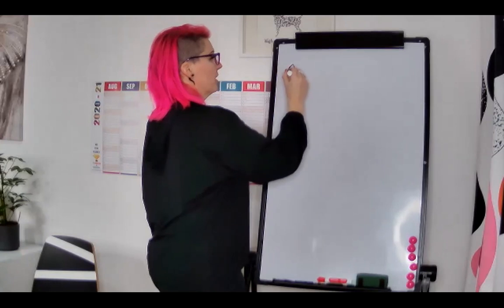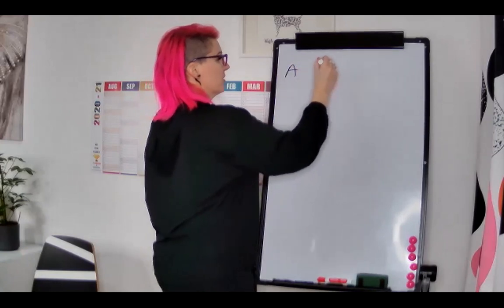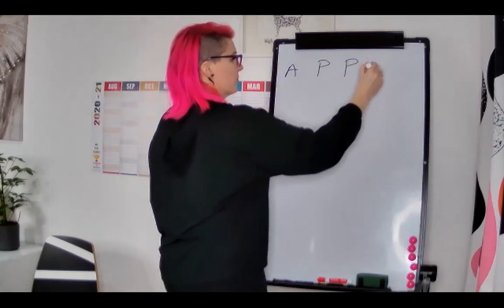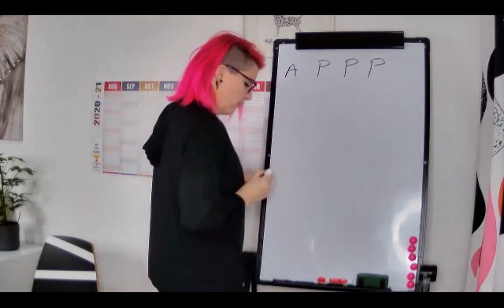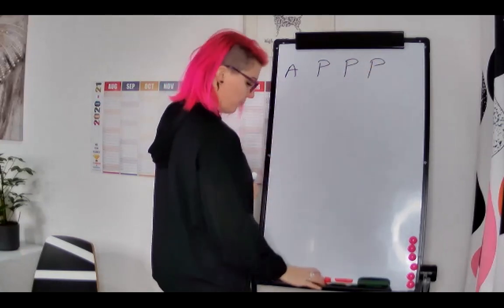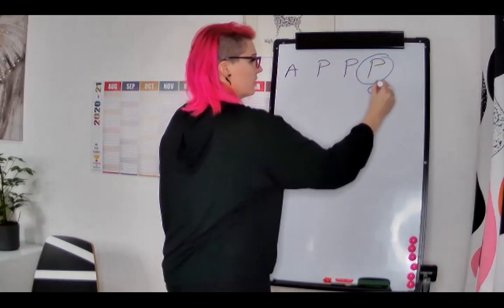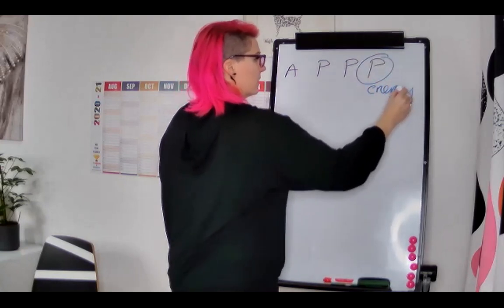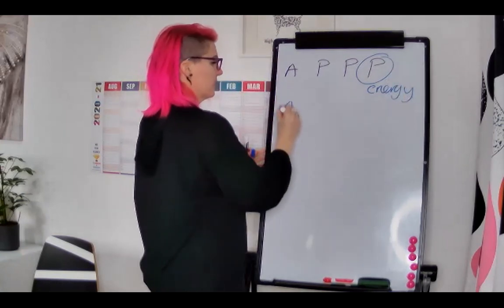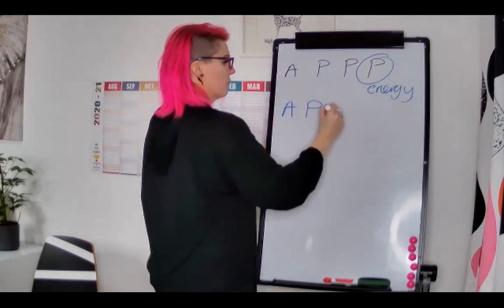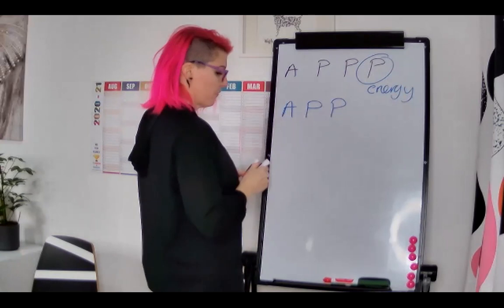So we know we have ATP, which is adenosine and 3 phosphates. There we have it. So we break off this phosphate here, and we know that's going to give us the energy. And then we have adenosine diphosphate, so 2 phosphates, and we need to create another phosphate.